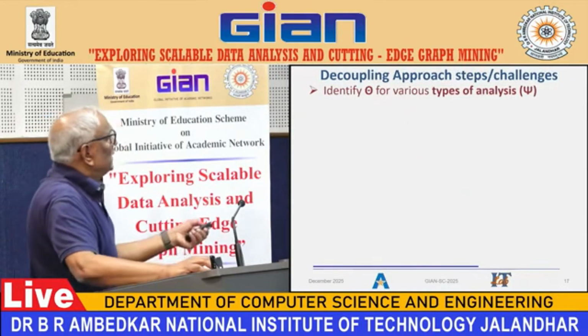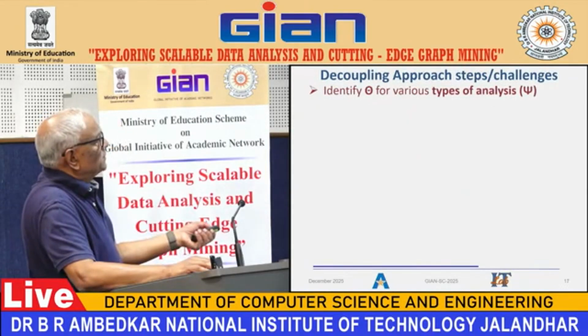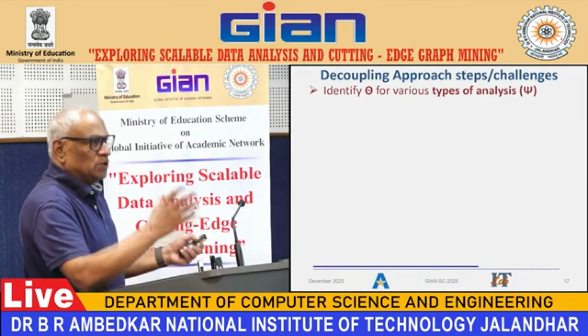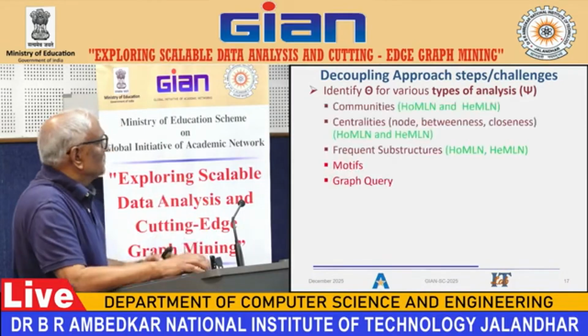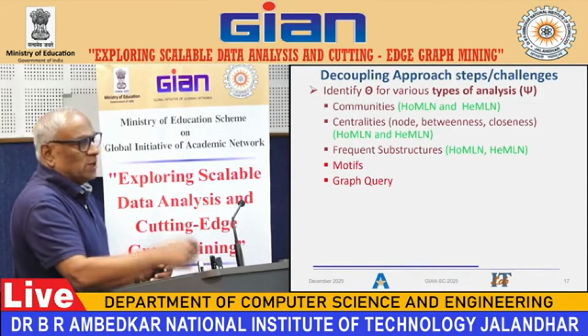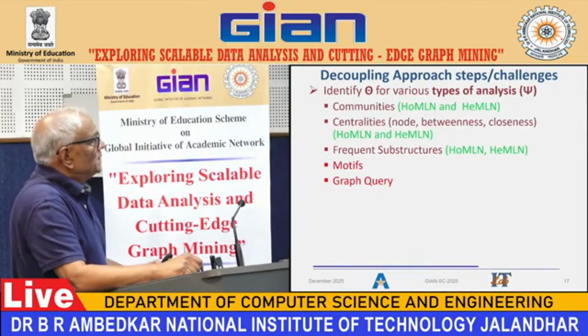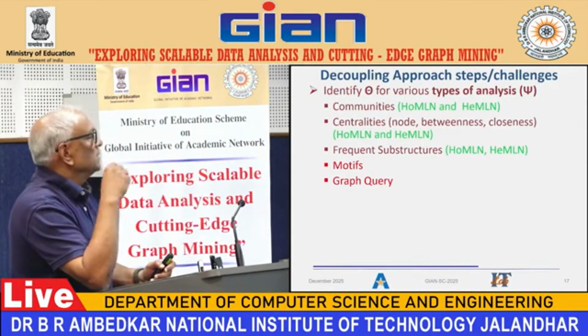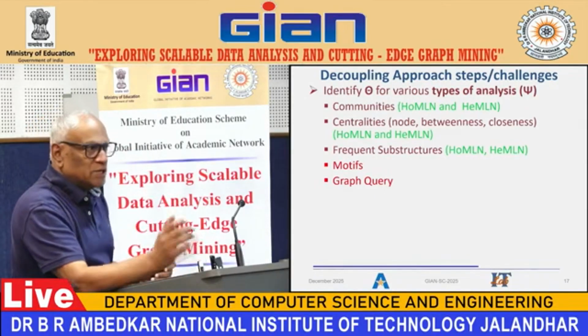So identify theta for various types of psi. Psi is known, theta is not known. So that is the challenge. Communities, we have done all of these. Communities for HOML and HML. Centralities, node, betweenness, closeness that I explained yesterday. We have done that for both HOML and HML.